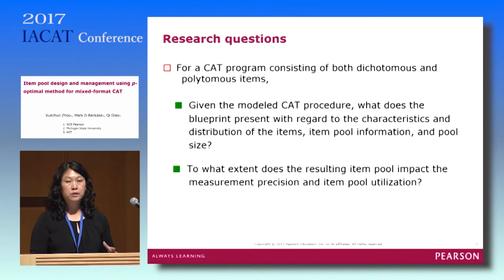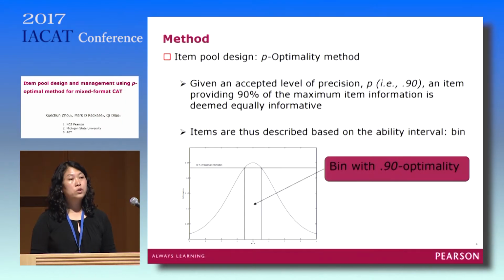So we want to simulate an optimal item pool and learn the pool characteristics. The second research question is, once we have this simulated optimal item pool, what does the resulting item pool mean in terms of measurement precision and item pool utilization? With those two research questions in mind, they designed the study.